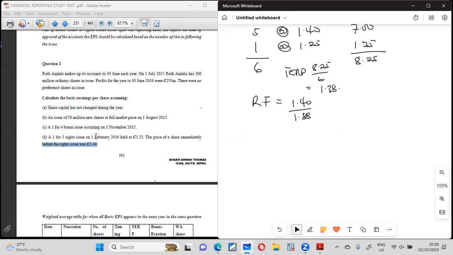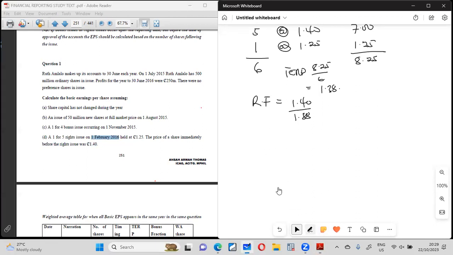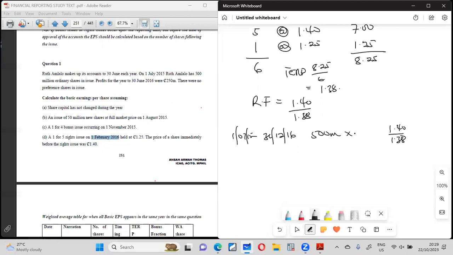So now the issue was done on February. So it means that when we start our July 2015 up to 31st January 2016, how many months is that? So we had 500 million before. Our fraction is 1.40 over 1.38.